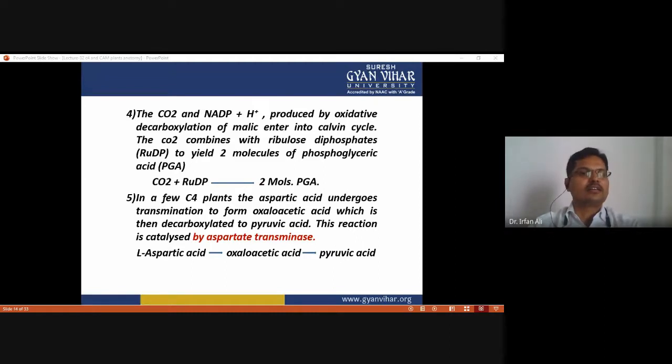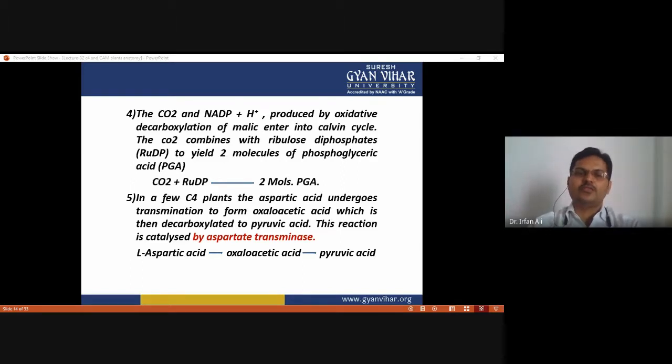The carbon dioxide combines with ribulose diphosphate, RuDP, which is found in the chloroplast of bundle sheath cells, to yield two molecules of phosphoglyceric acid, PGA. So this is the reaction: carbon dioxide plus RuDP gives two molecules of PGA.